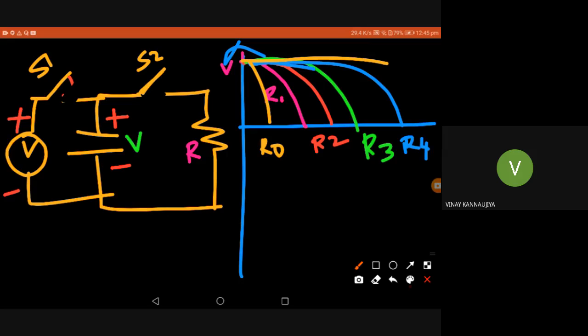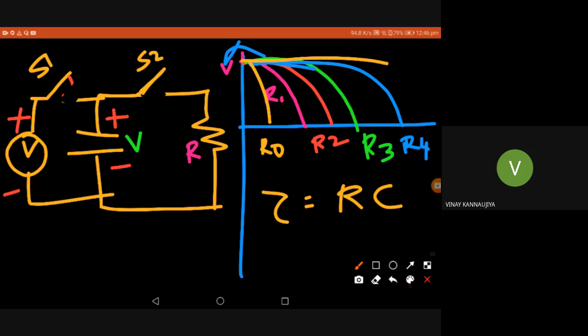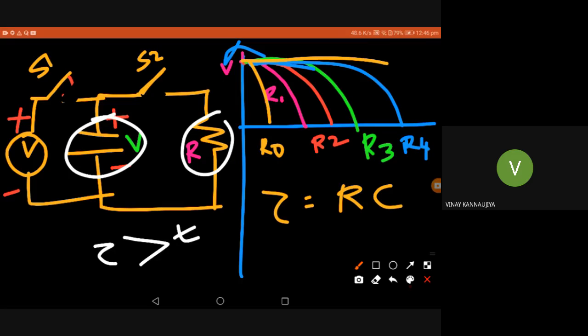That is how, in a clamper, as a designer I keep the discharge time tau equal to RC. You can see here also delay tau equal to RC, depending upon this resistance and capacitance.